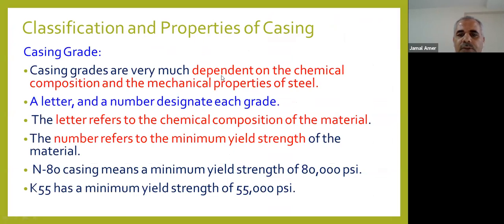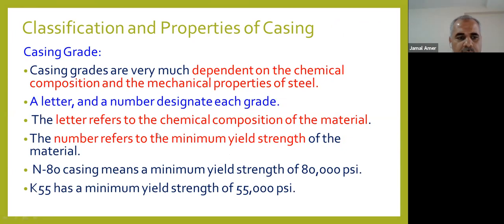Casing grade is very much dependent on this. The letter and number designate each grade. What does the letter refer to? The chemical composition. As we said, we have different environments in the well. Some formations are highly enriched in H2S or CO2. We call this a sour environment.